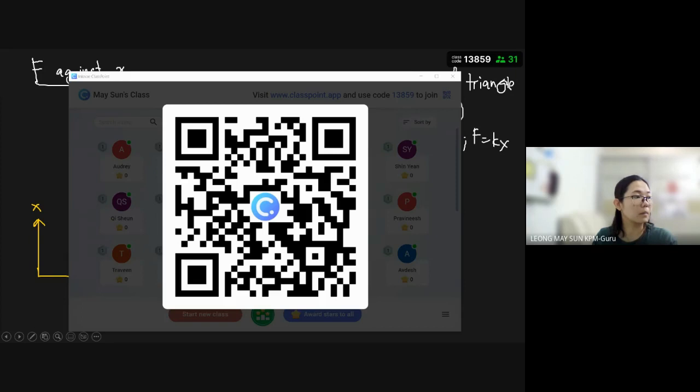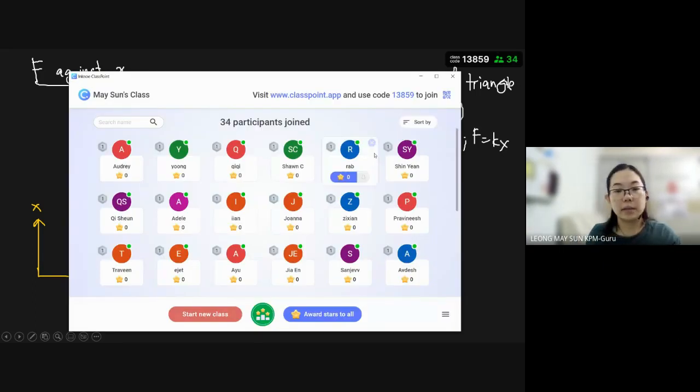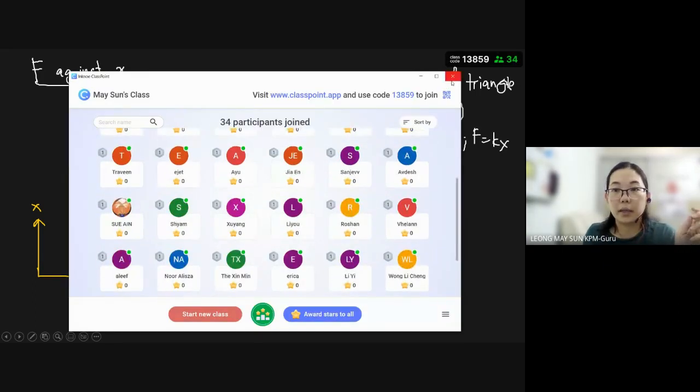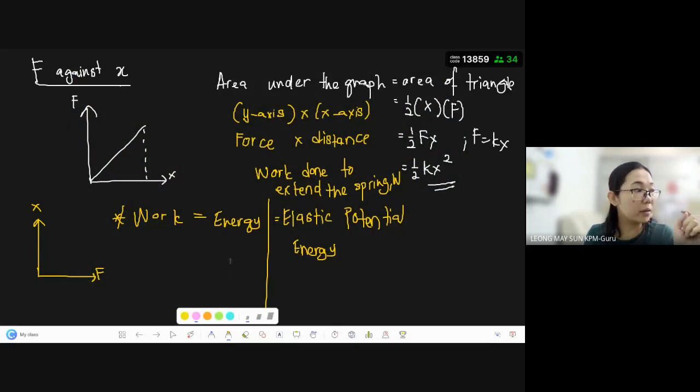All right, I'm sending the ClassPoint QR code into the Telegram group under Forces and Motion 2 already. For those who want to get it, go and scan the code at the Telegram group.